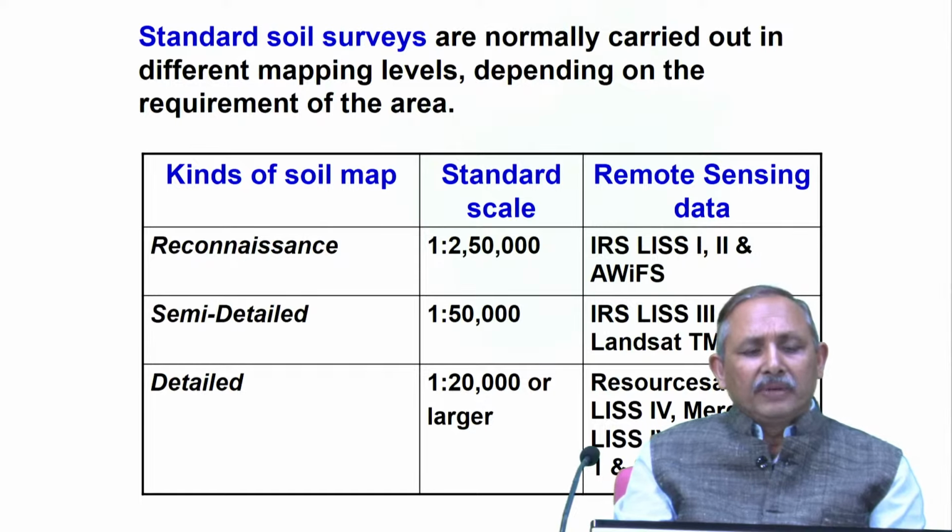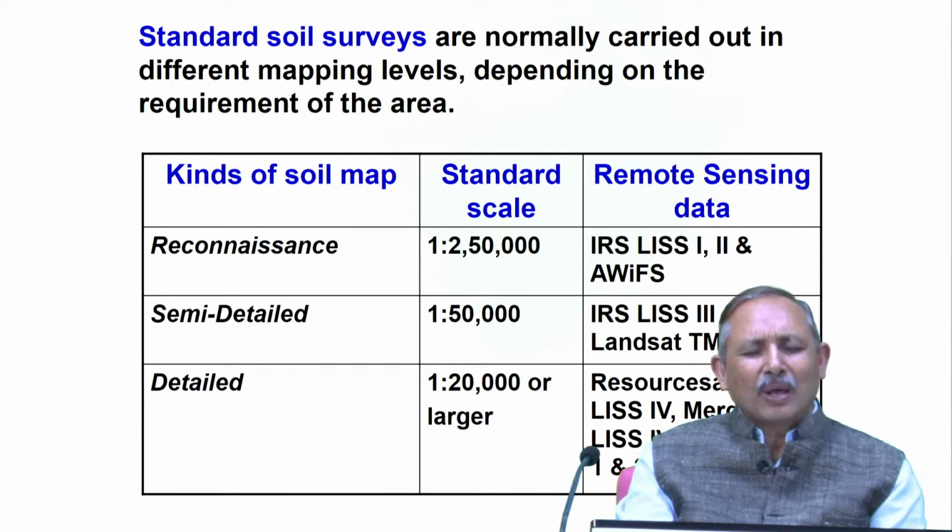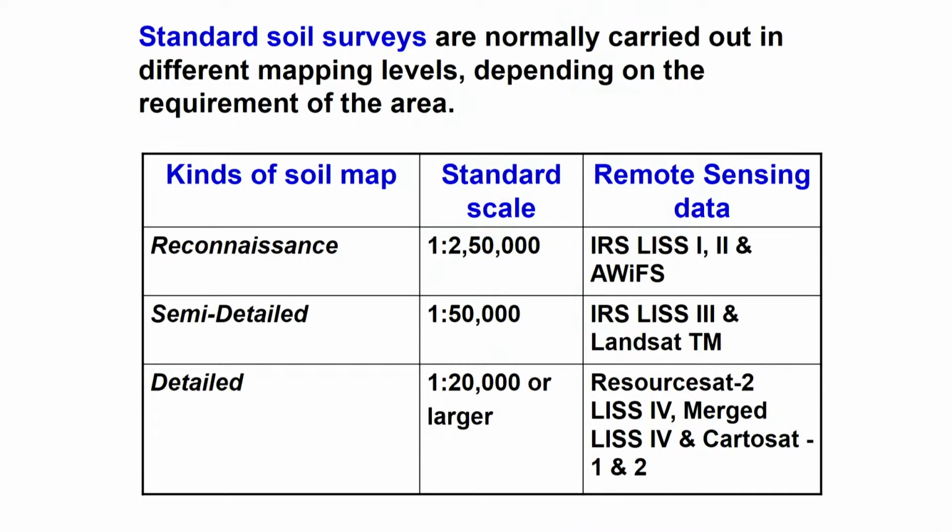Now we see what kind of soil survey we carry out. There are standard soil survey scales, because if you want to prepare a map, first you have to find out what scale map you want to prepare, or what scale soil information you want to generate. One is the reconnaissance soil survey, which we call 1 to 250,000 scale, and the remote sensing sensor resolution is coarser.